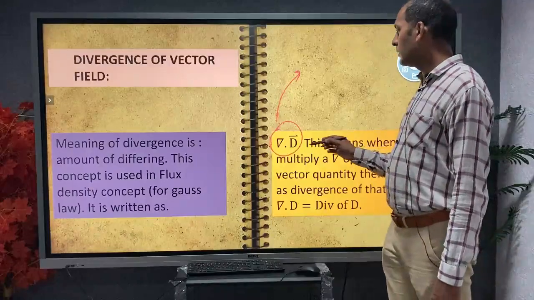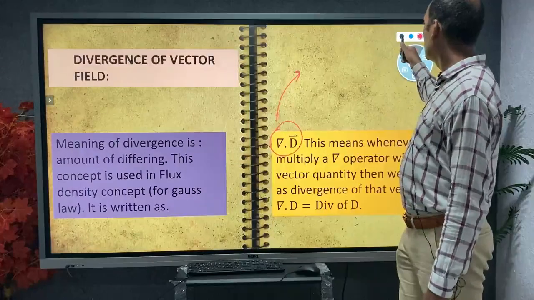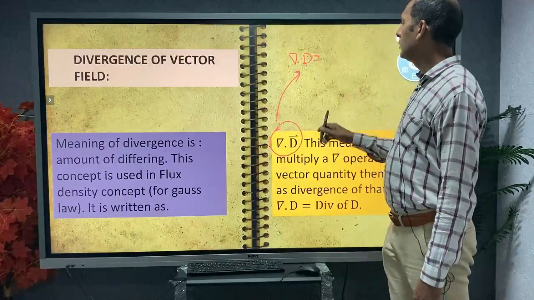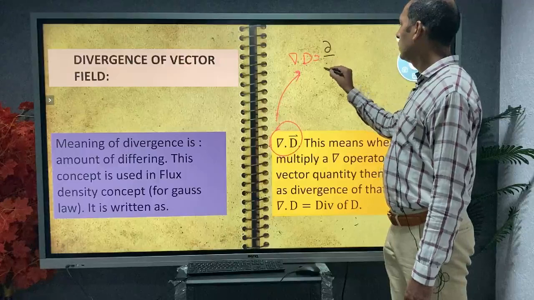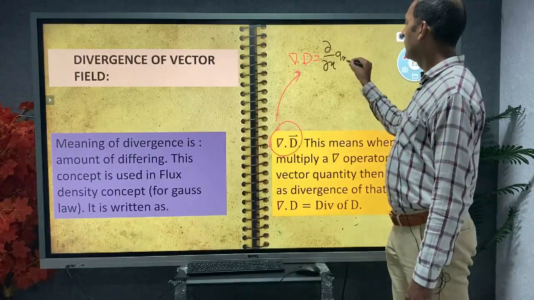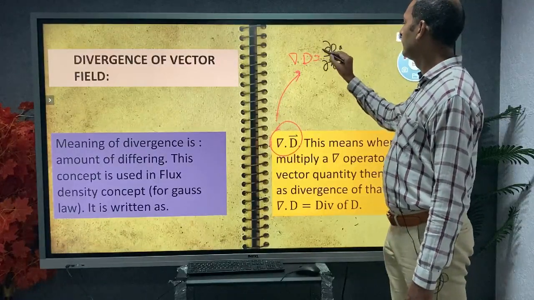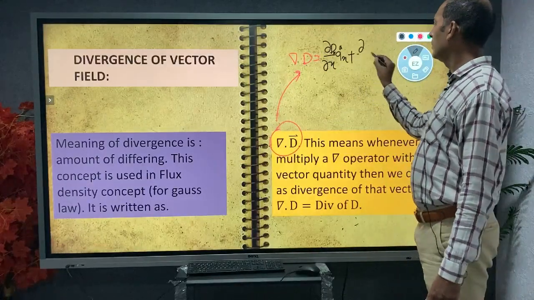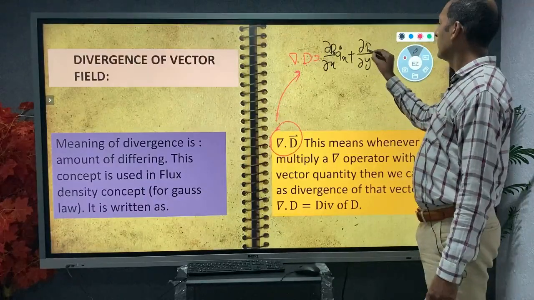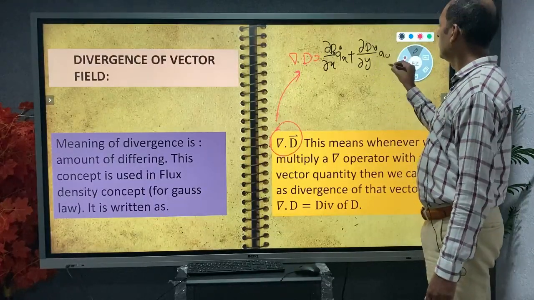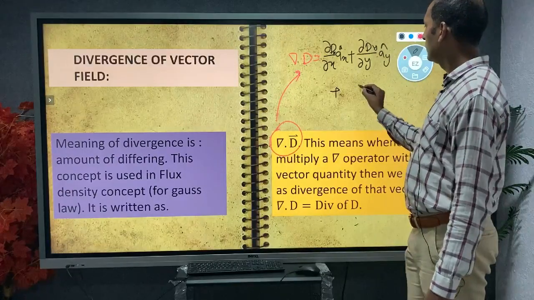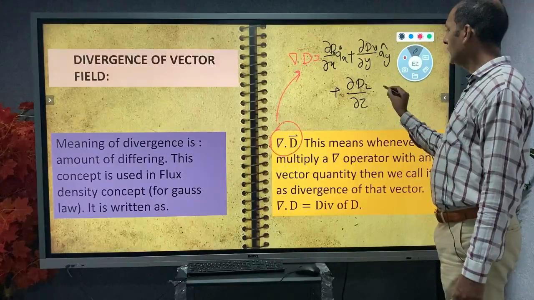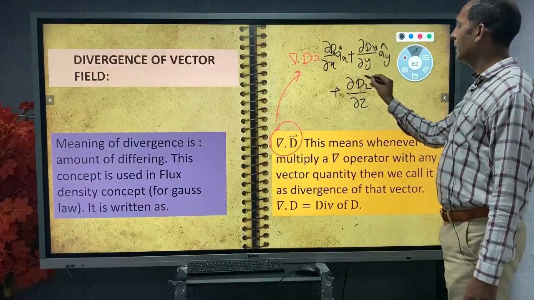In the Cartesian coordinate system, del dot D is equal to the first term dou by dou x ax cap, so here we will get D, so this may be Dx, plus dou by dou y Dy into ay cap, plus dou by dou z Dz into az cap.